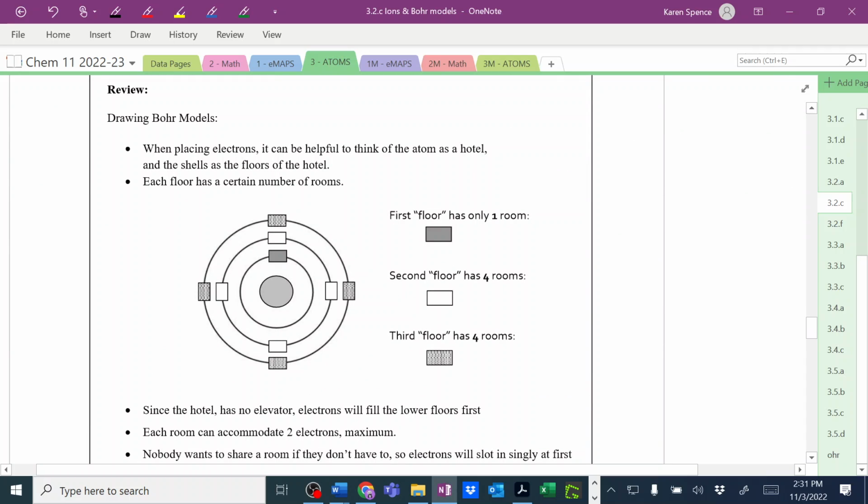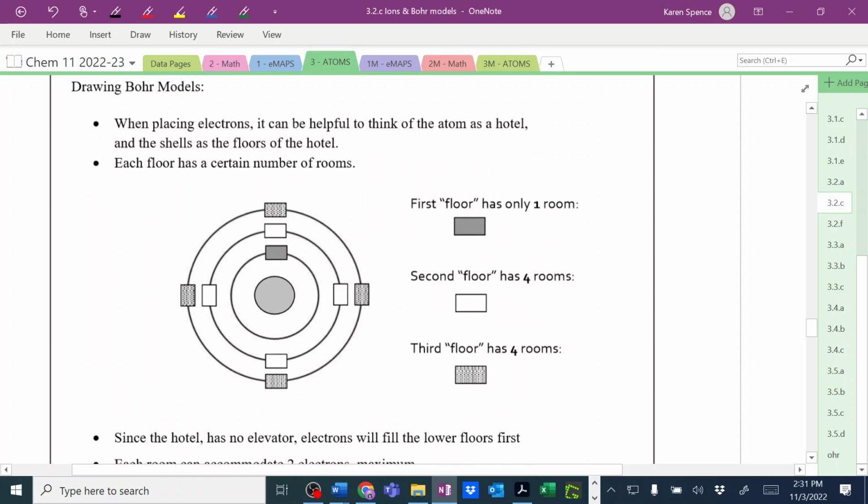Now, when you are actually drawing a Bohr model, should you be called upon to draw such a thing, to be honest, I probably won't even have you draw one on a test because we'll be past it by that time. Okay. You can think of an atom as though it was a hotel. Okay. And in that hotel, there are various rooms.